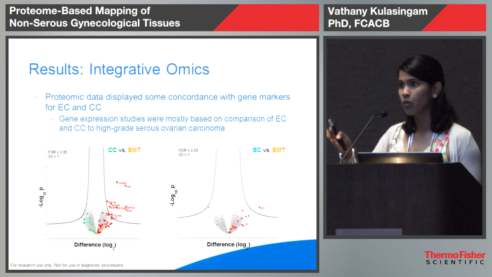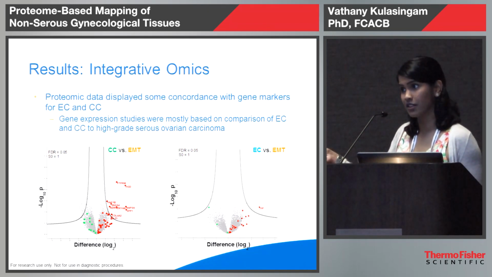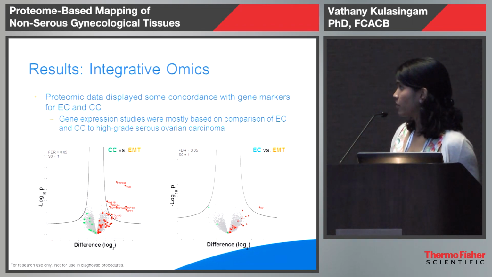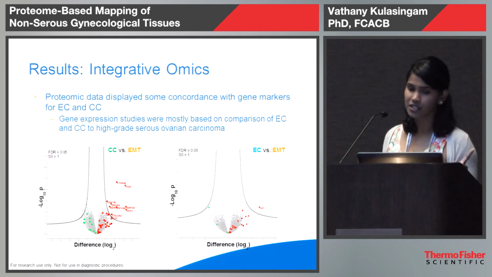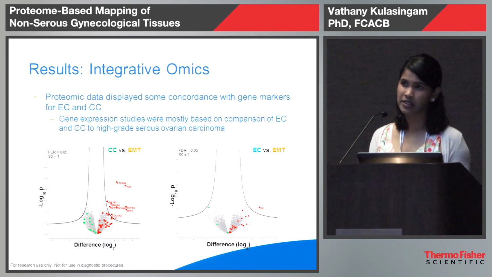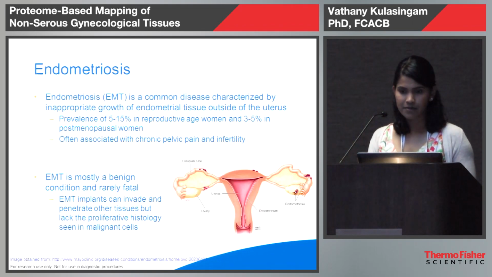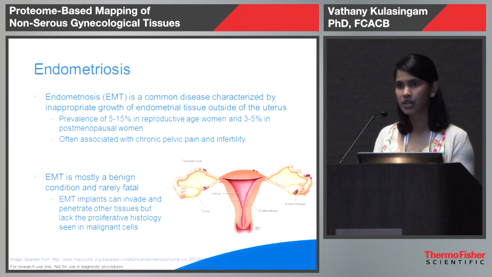So we looked to see what are the proteins elevated in those cohorts, and we see some concordance where the ones that are highlighted in red showed to be elevated in clear cell compared to, it was actually comparing it to high-grade serous ovarian cancer in the genomic data, so it's not a direct correlation that we can really look at, but there seems to be some concordance with the gene markers for these two subtypes. But that's made us think perhaps we should go back to try to understand the biology of this disease.